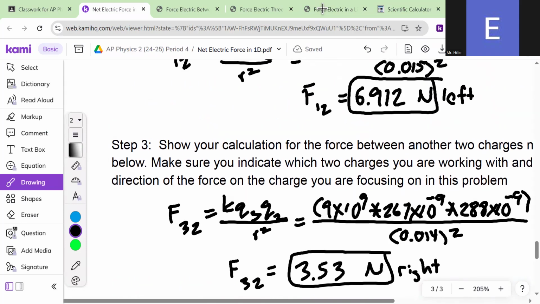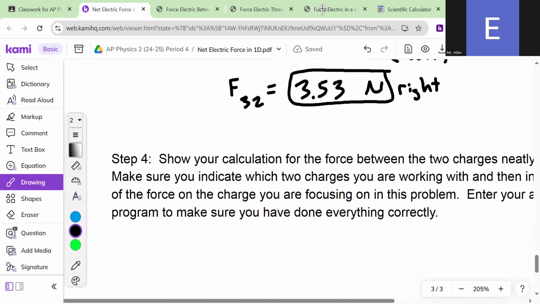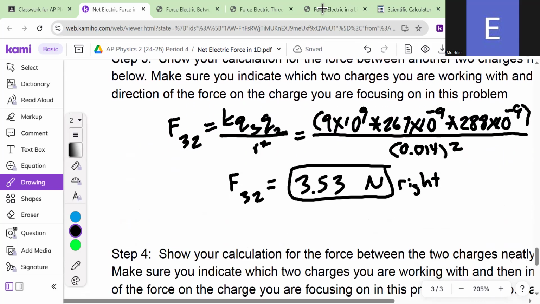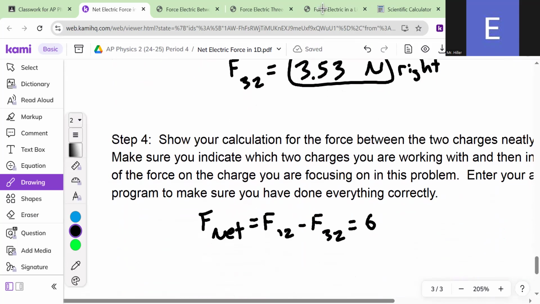Okay, now since F12 is bigger, the net force is F32 minus F12. Sorry, other way around. Bigger force is F12 minus F32. So it's going to be 6.912 minus 3.53.